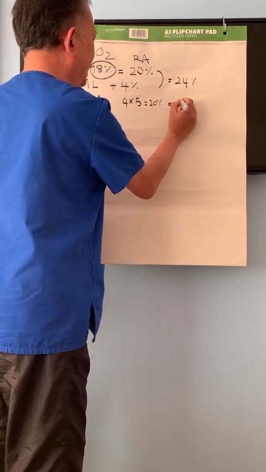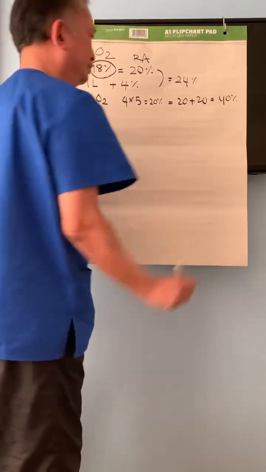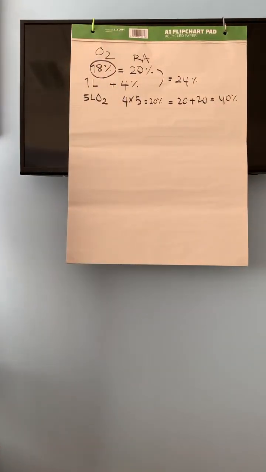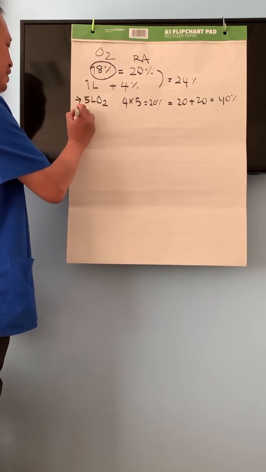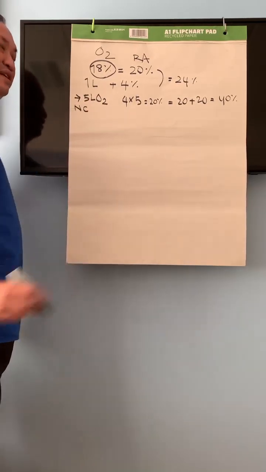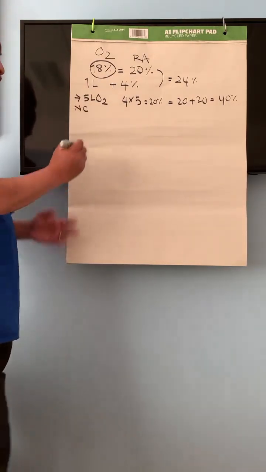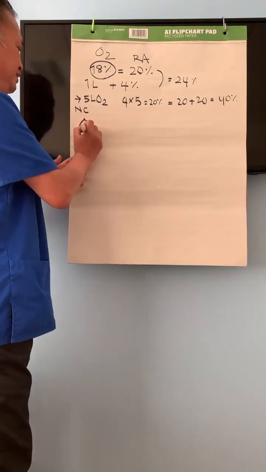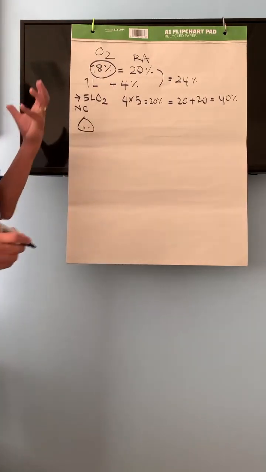So 20 plus 20, he is getting 40% oxygen. Up to 5 liters of oxygen, we can give with the nasal cannula, but beyond 5 liters we should use the nasal brown mask.